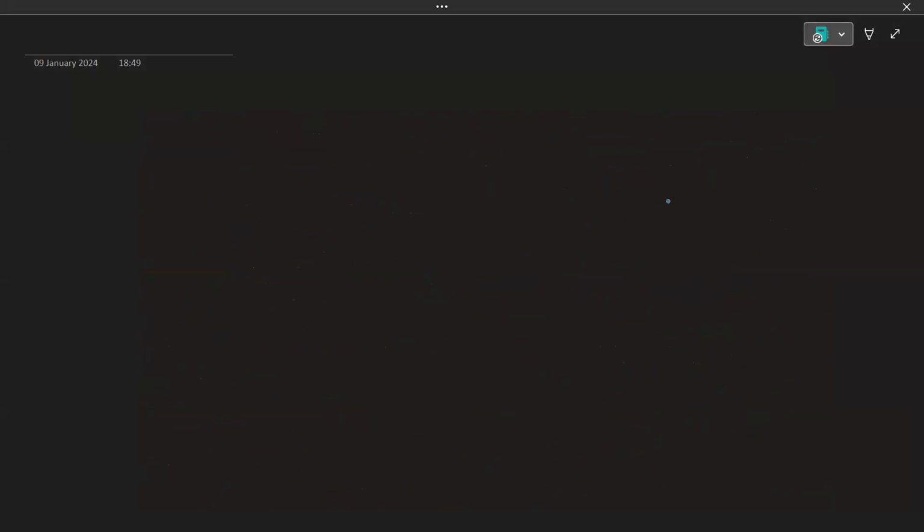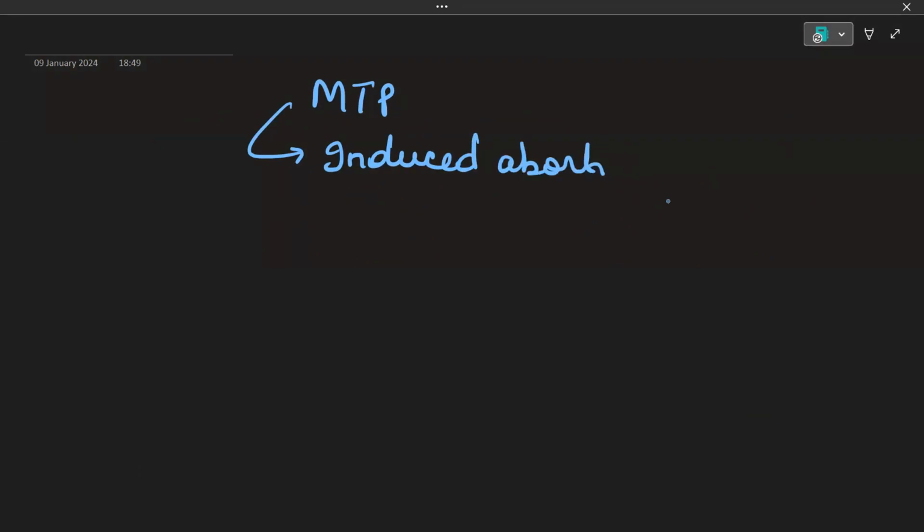Yes, ma'am. See, talking about the MTP, it is also known as induced abortion. And why is it done? First of all, the first case is when the pregnancy is unwanted, mostly unwanted pregnancies because of unprotected intercourse or rape cases.